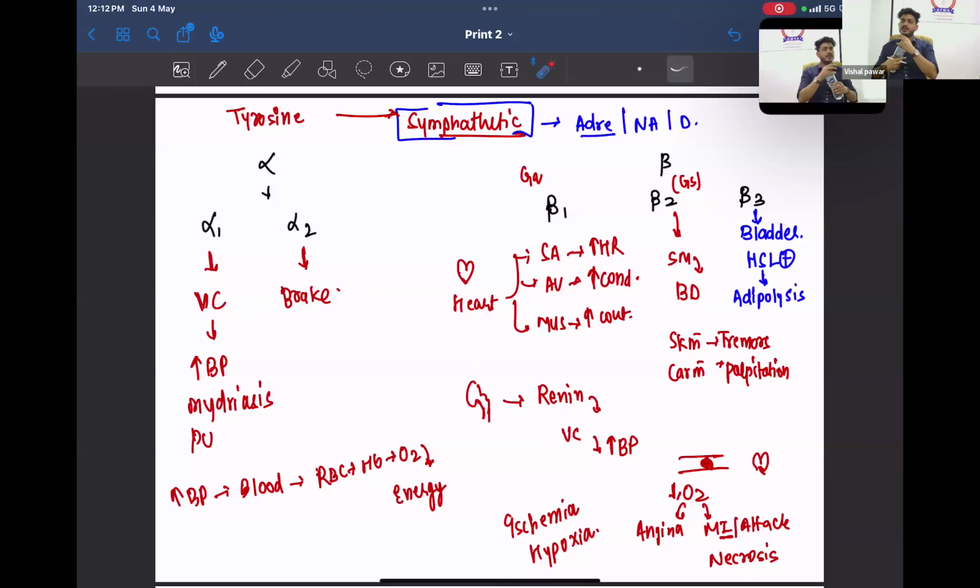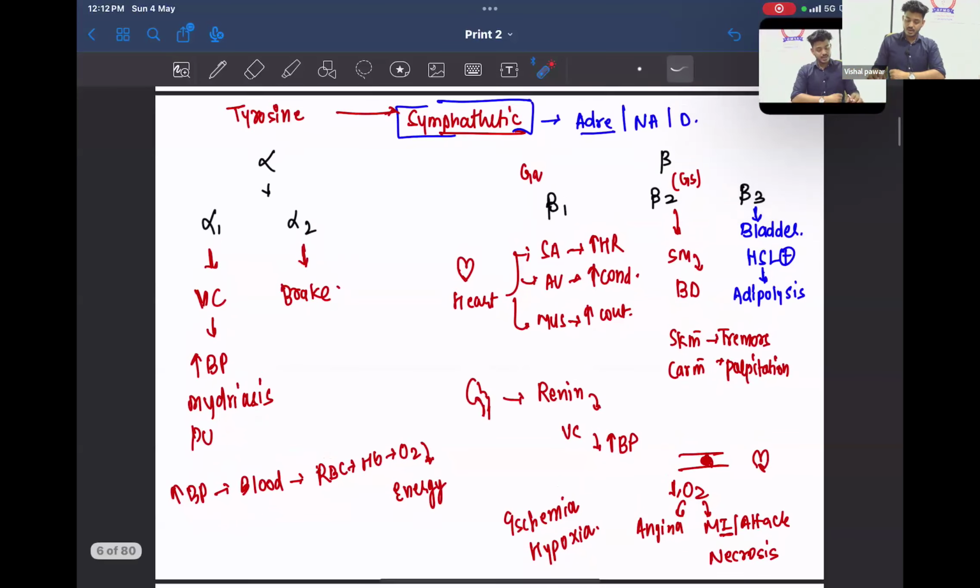Heart at how many places? Three places. This is going to be what and what? SA node, AV node, and muscles. And in the kidney, renin will increase the BP, right? Beta 3 will be doing what? Bladder will be... having this lipolysis is the most important thing, right?